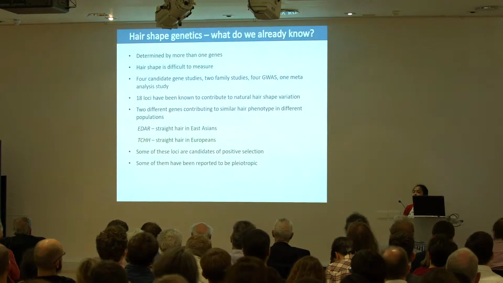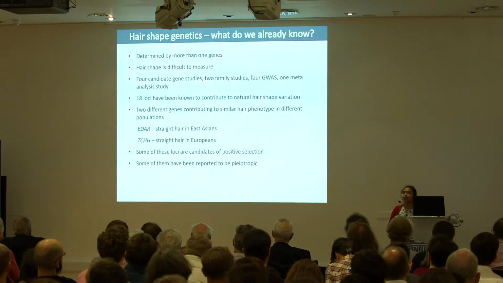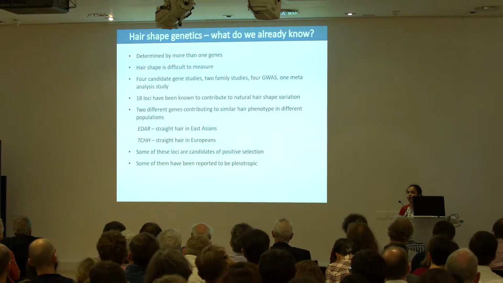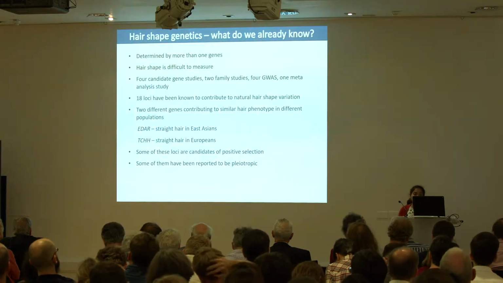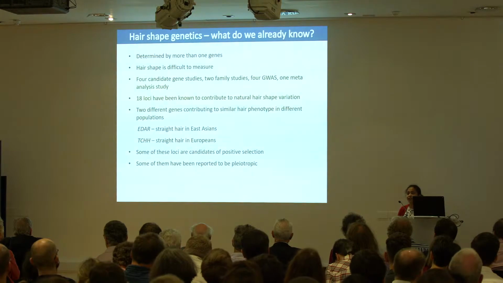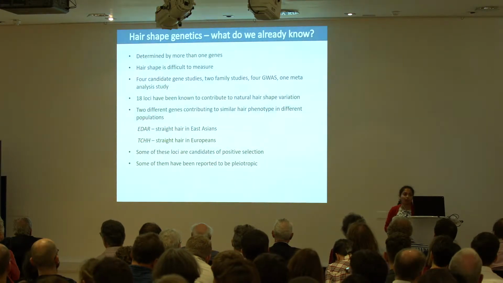What is also interesting is that different genes contribute to similar hair phenotypes in different populations. For example, the ectodysplasin A receptor gene contributes to straight hair in East Asians, whereas the trichohyalin gene contributes to straight hair in Europeans.